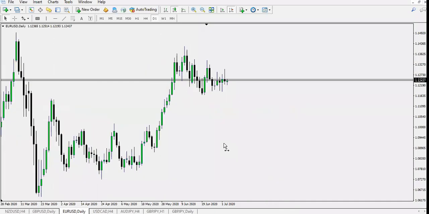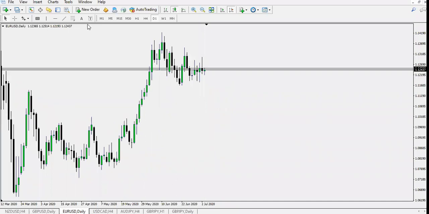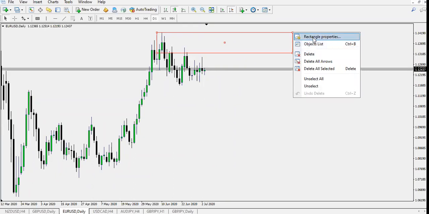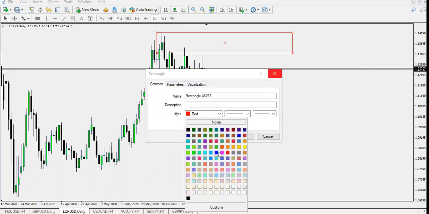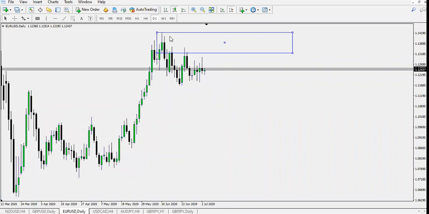So a similar scenario can be said for EU. We can see that it has continuously done a similar scenario over here. This is a bearish order block on the daily chart.